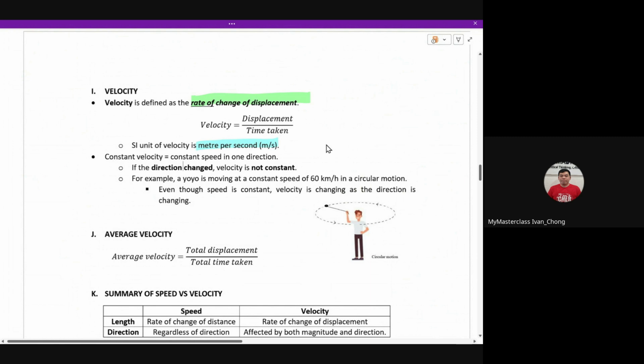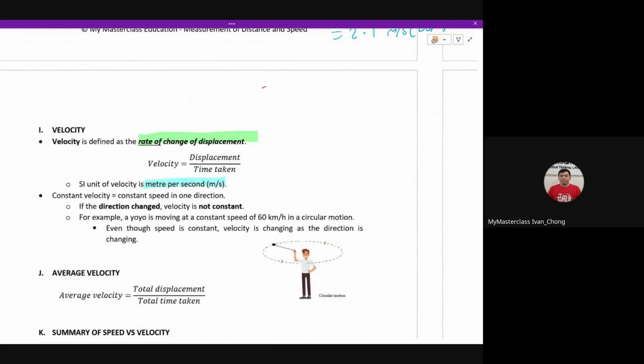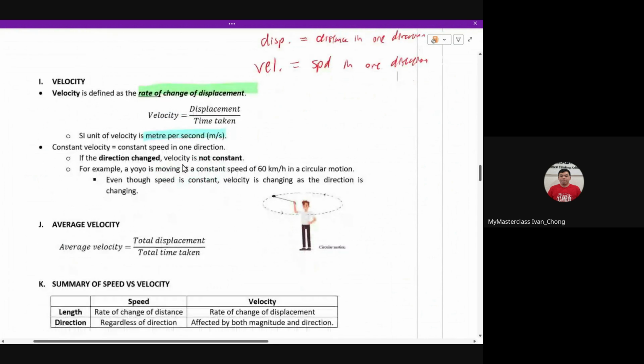So what's the relationship between velocity and speed? Just now, displacement is your distance in one direction, right? The same thing, your velocity is your speed in one direction. So they are all very, very closely related.